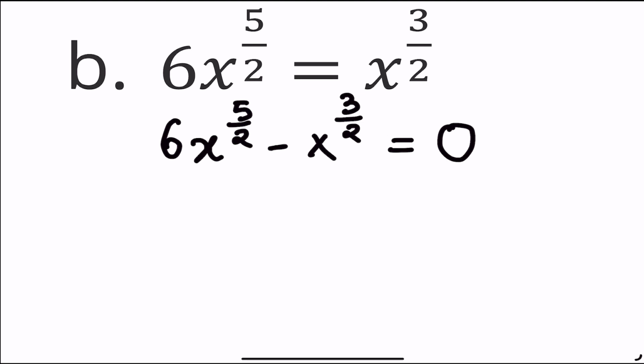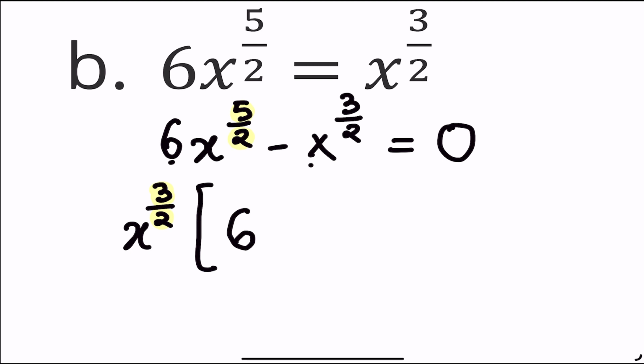I bring everything to one side and I factor out the greatest common factor. The greatest common factor is always going to be your lowest power. So I take x to the power 3 over 2, and now I have 6. Now the question is, what do you add to 3 over 2 to give you 5 over 2?